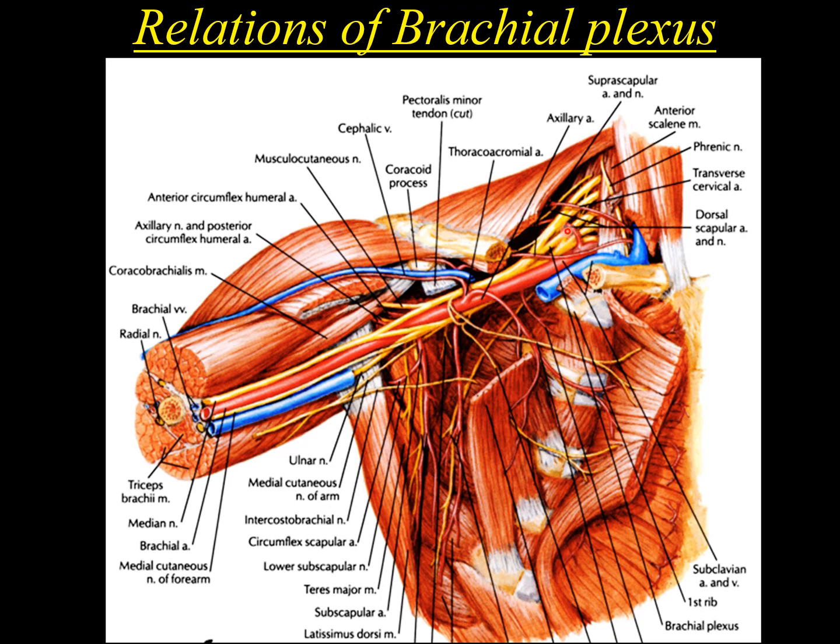As they come and join in the network, they redistribute their fibers, and once the final terminal branches come out, a single nerve mostly carries flexor fibers, and the other nerve carries extensor fibers. So it means that distribution of the flexor and extensor fibers takes place in the plexus, or in other words, segregation of flexor and extensor fibers takes place in the plexus. That's why plexuses are formed.